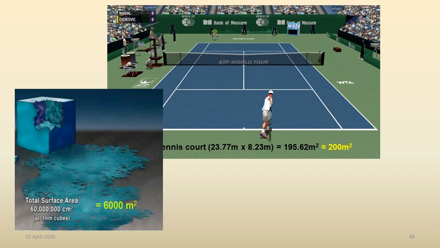Now compare the surface area of the tennis court with the previous calculation of the cube divided into 1 nanometer small cubes. You can compare, that is 6,000 meters squared, this is 200 meters squared, and what we have understood is that the surface area of the cube with 1 centimeter length, which is divided into 1 nanometer small cubes, is equal to 30 times the surface area of the tennis court.